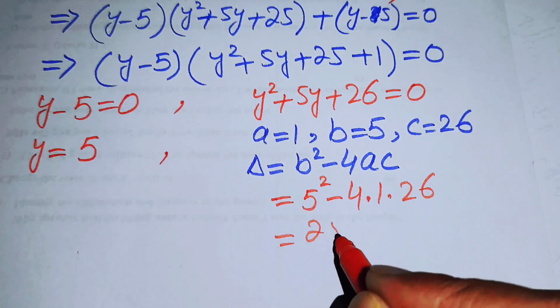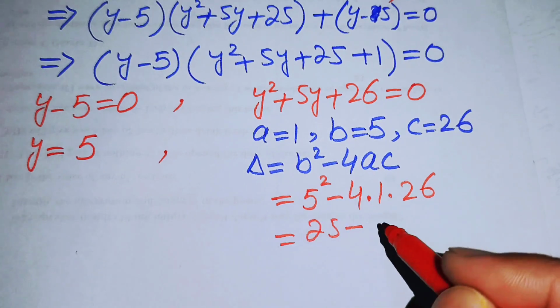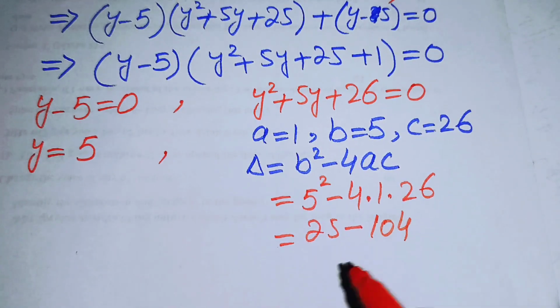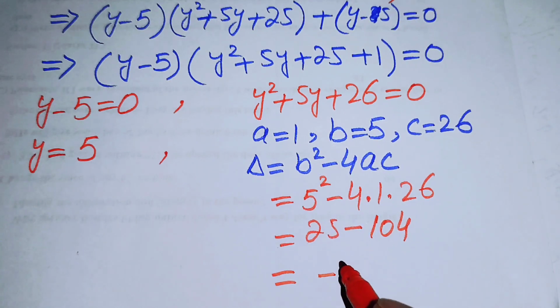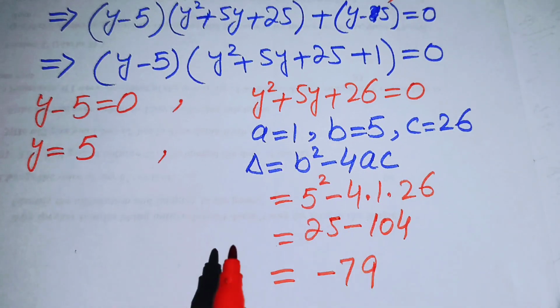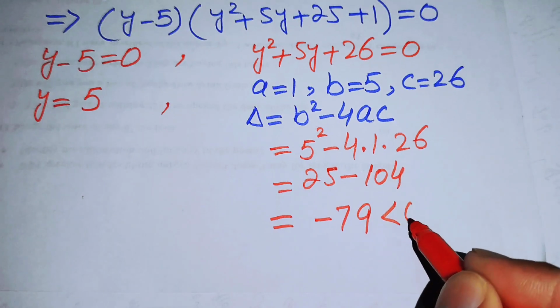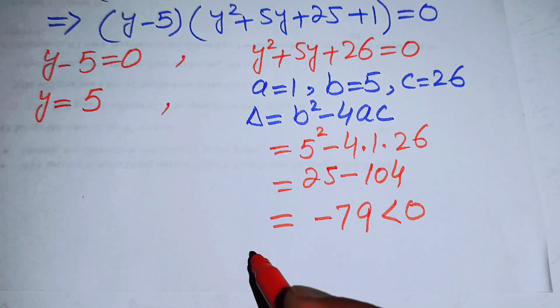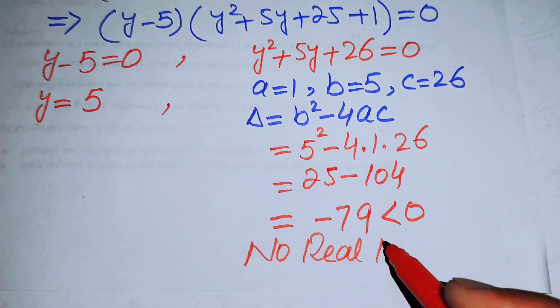So here you have 25 minus 4 times 26 equals 104, and when we subtract these two, then you get minus 79. So here you see that the value of this discriminant is less than 0, which means that it has no real root.